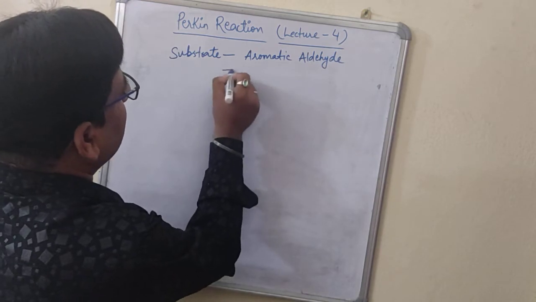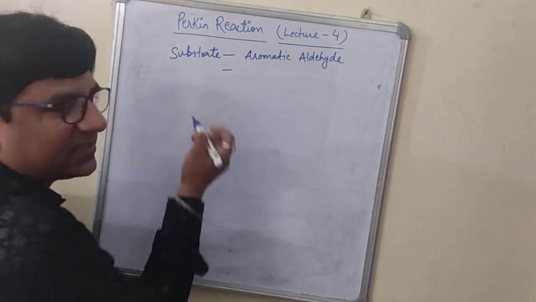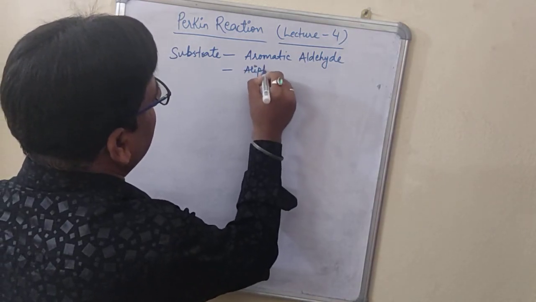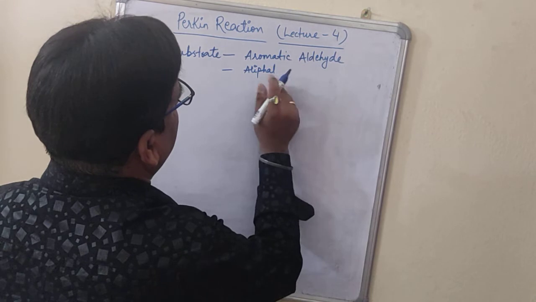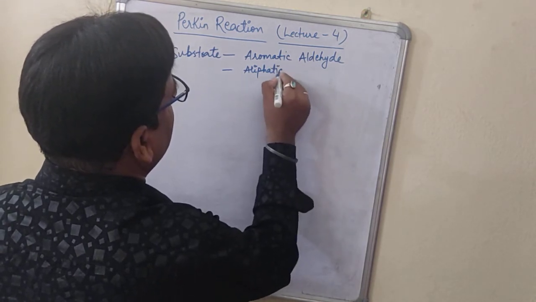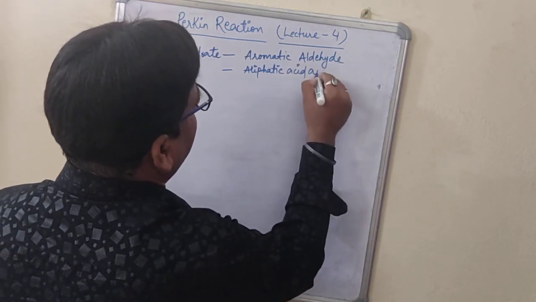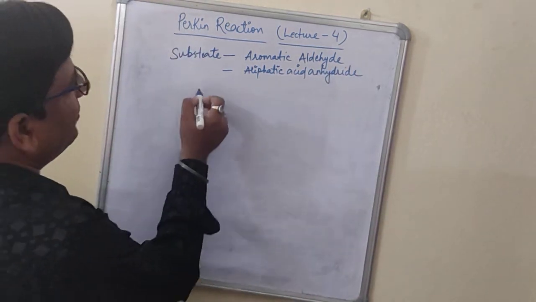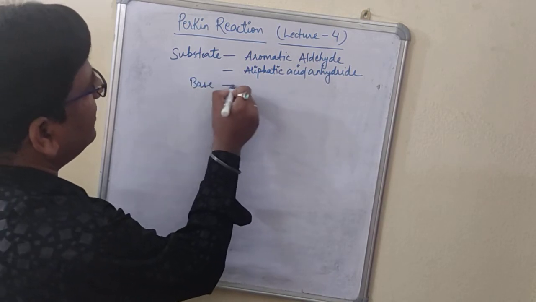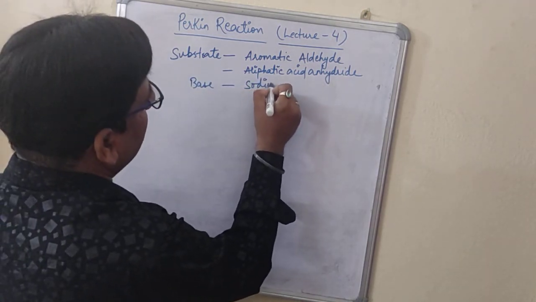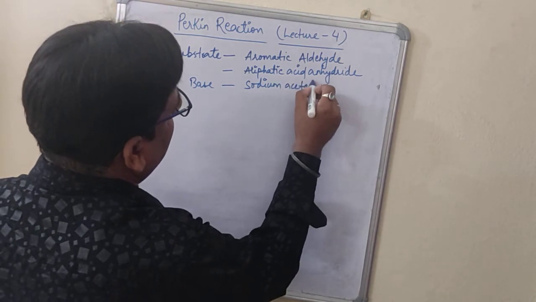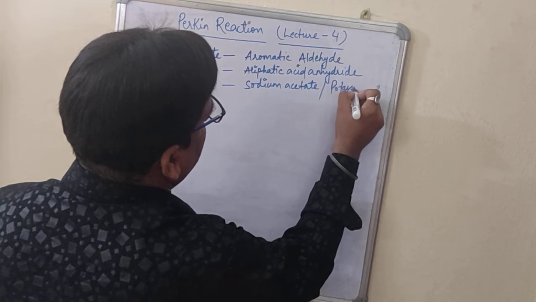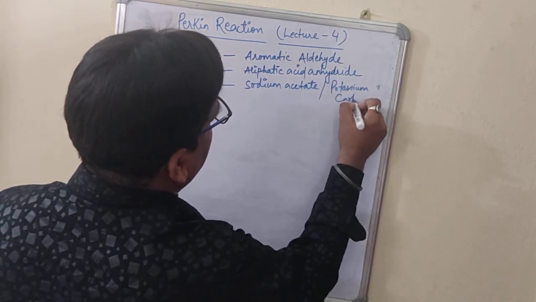And the second thing is another reagent, or you can say the substrate, that is the aliphatic acid anhydride. Right, now here we will use the base, that is sodium acetate, or you can say potassium carbonate.